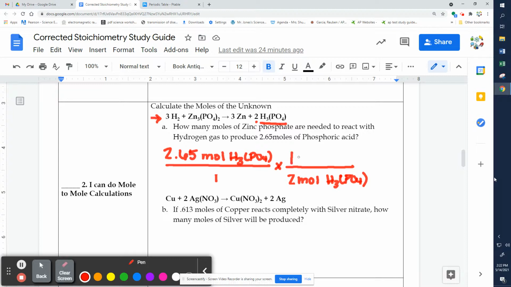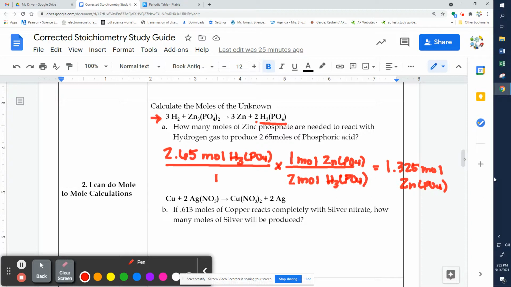So I know that is a 1 mole of zinc phosphate. Then I'm going to go ahead and do my math. In order to put that in the calculator, we're going to put 2.65 and divide it by 2 to get 1.325. And our units that we're left with are moles of zinc phosphate. Okay.